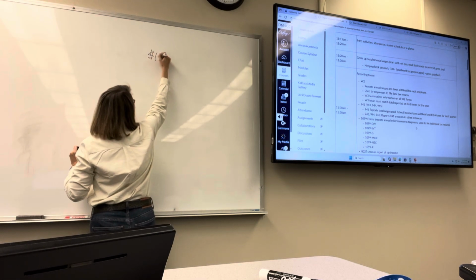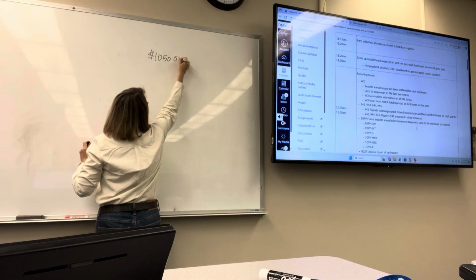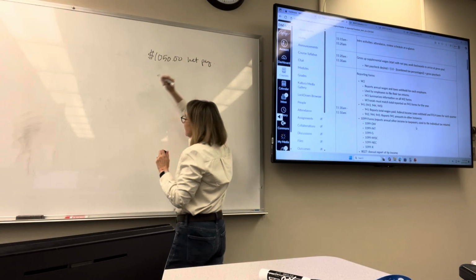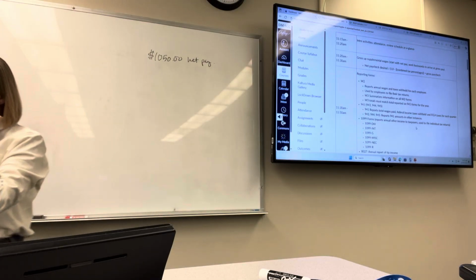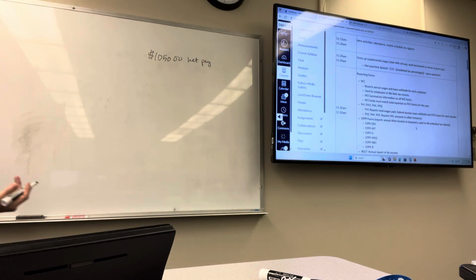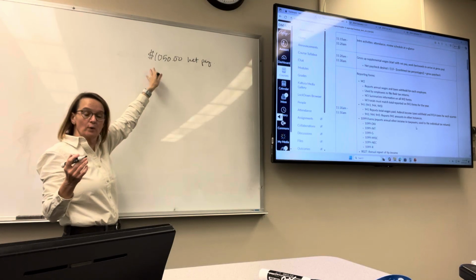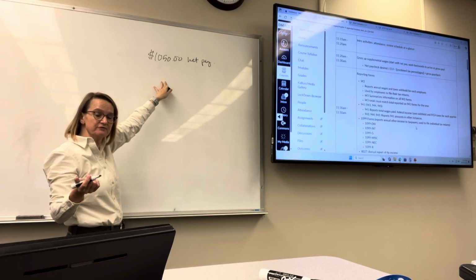That's their bonus. Net pay. How do we get there? We've got to work backwards to make sure that what they get to take home is $1,050.